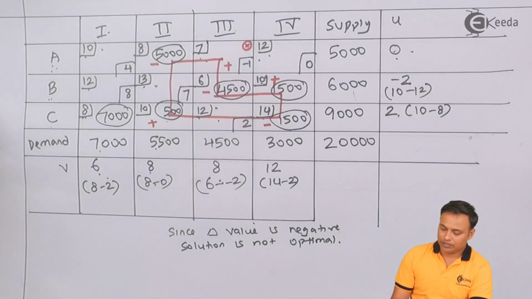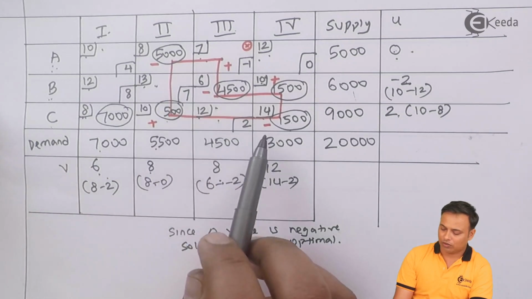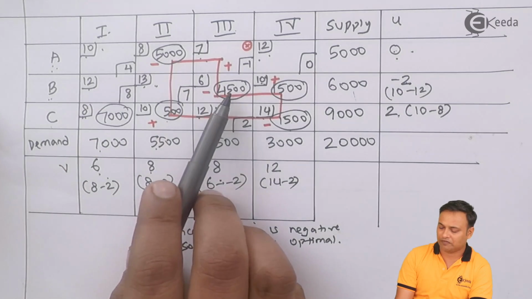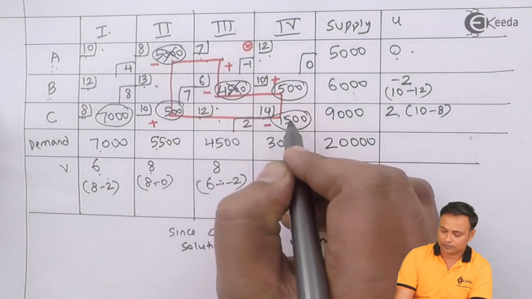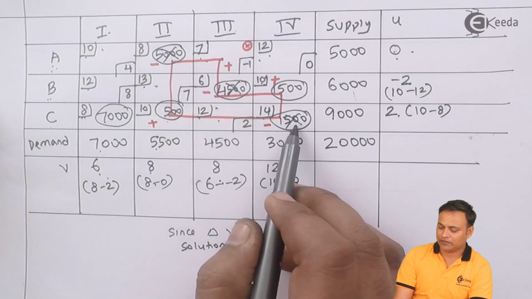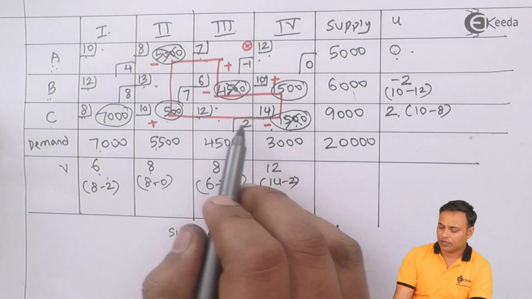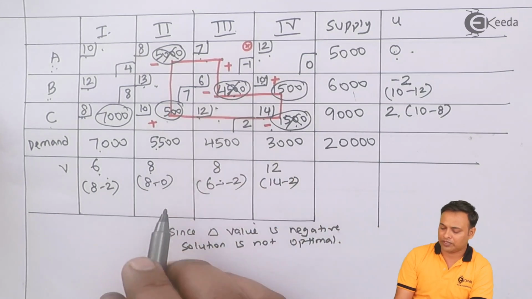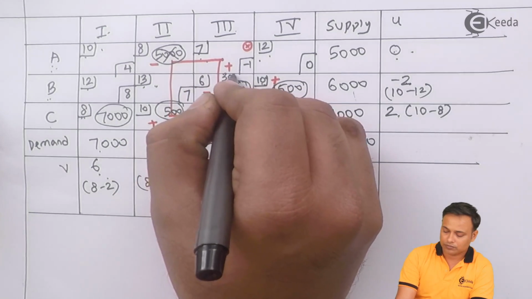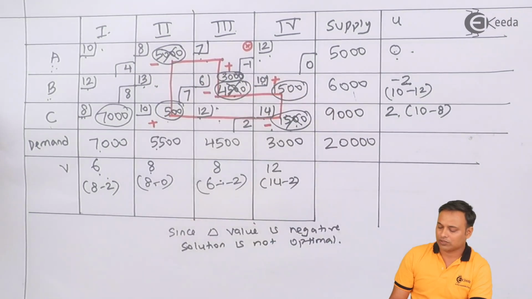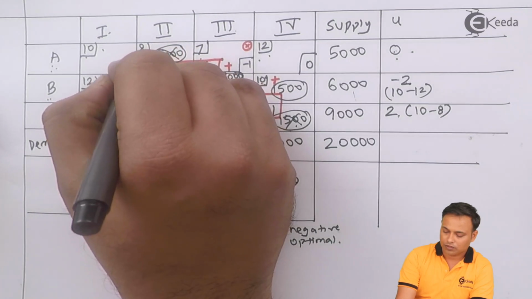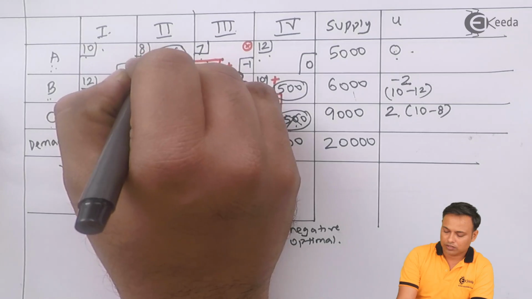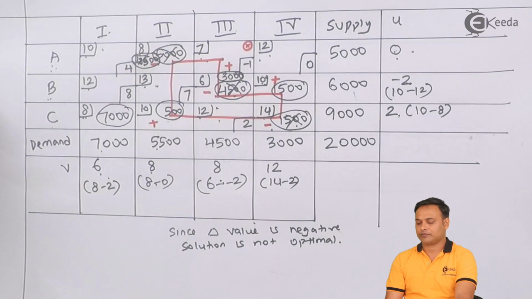Now, in the negative signs, we can see the allocations of 5000, 4500 and 1500. I'll cancel all these three. This 1500 minus 1500 will become 0. This 4500 minus 1500 will become 3000, and 5000 minus 1500 will become 3500.